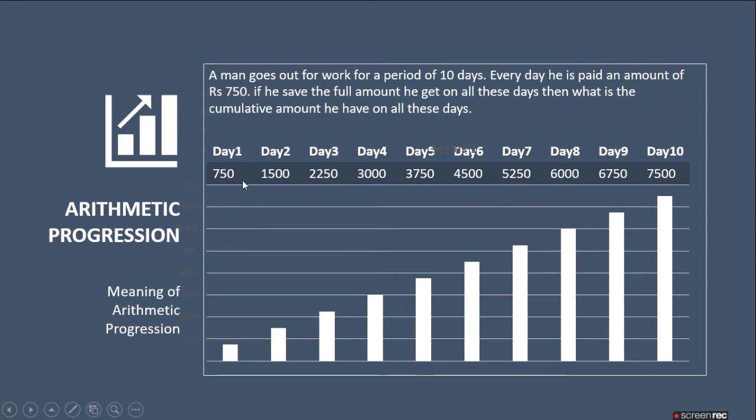Day 1 750, day 2 1500, day 3 2250, etc. To make it visually easier, I presented it in the form of a chart. By observing this chart, we could see a linear pattern from 750 to 7500.